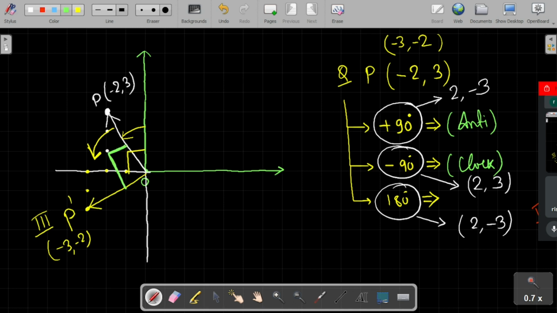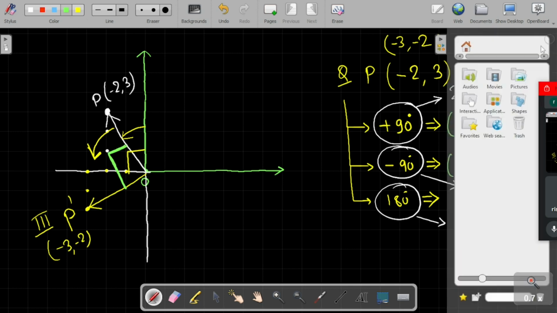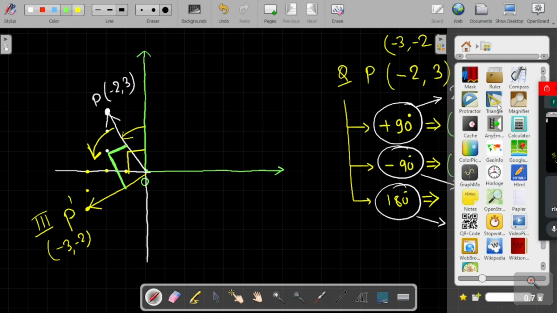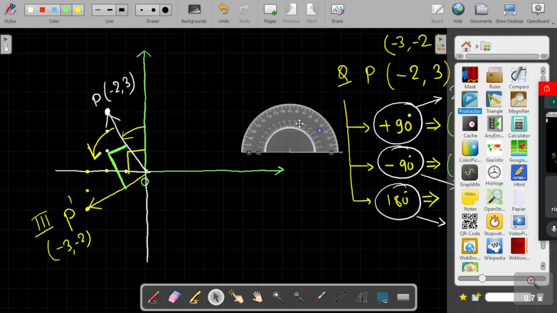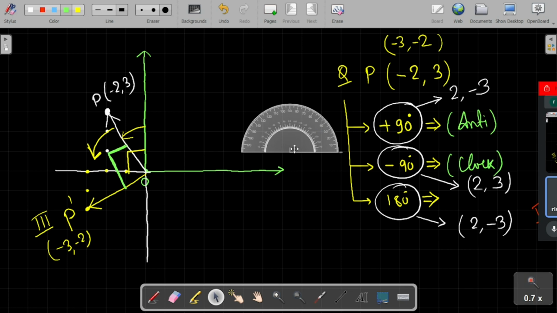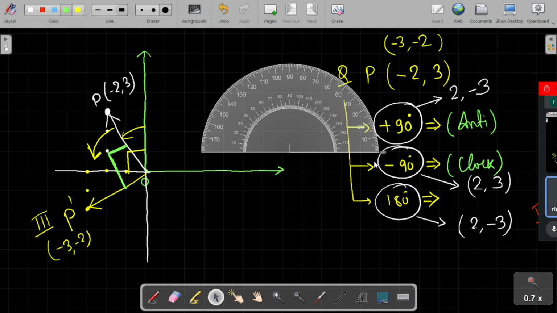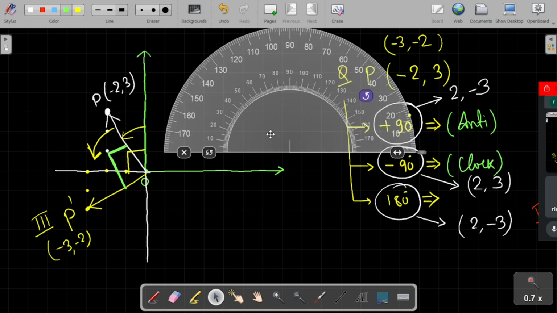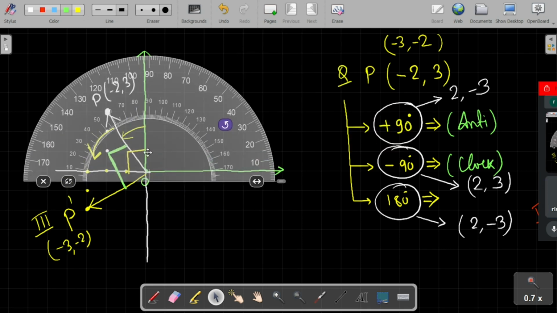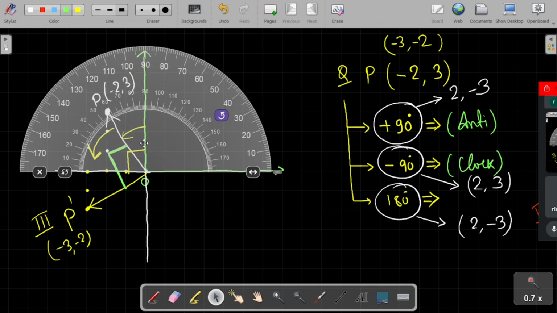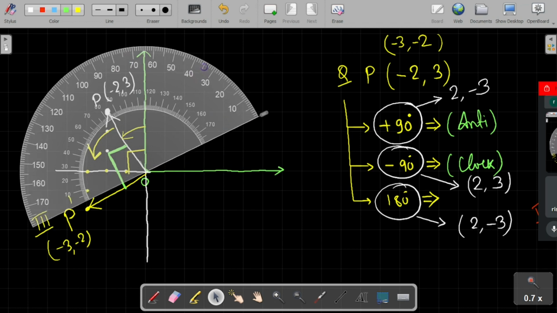This is your 90 degree, and I will try to confirm it by measuring the angle as well. So just wait and watch. This is my protractor. I am going to measure this angle for your clearance.